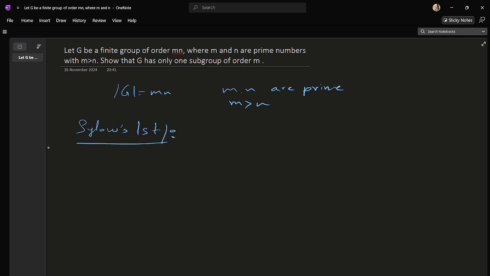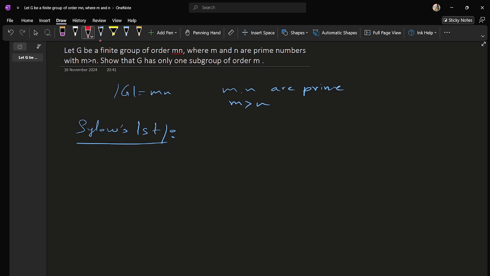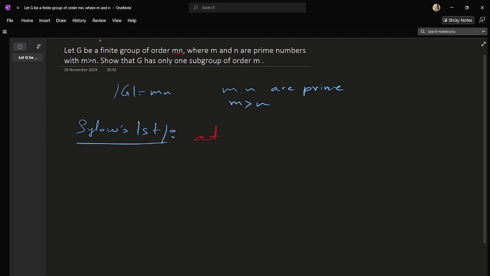We can conclude from Sylow's theorem that G has at least one Sylow m-subgroup, as our order is mn, and m is a prime divisor of mn.